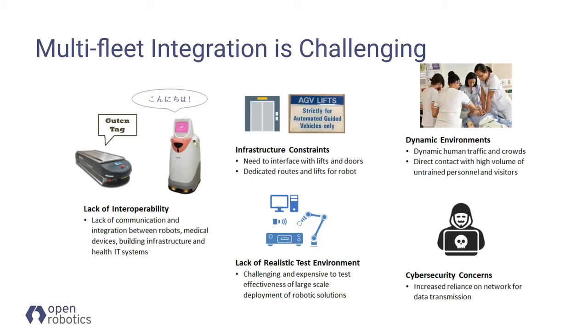So in the end, they don't talk between different robot vendors. There's a lack of communication and integration between the different vendors, devices, systems, and the entire infrastructure. There are also infrastructure constraints, since robots have to interact with this infrastructure.